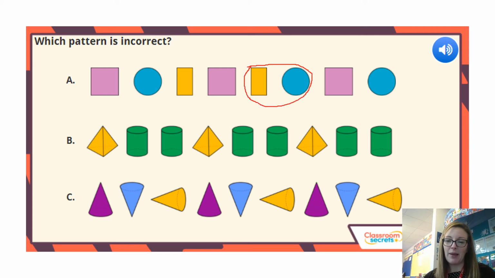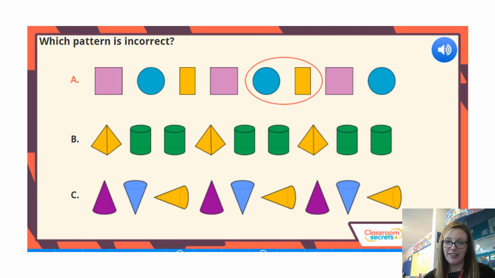So shall we see what that pattern should look like? There we go. If we swap them over, now we have a repeating pattern. We have a square, a circle, a rectangle, a square, a circle, a rectangle, and then a square and a circle. So well done if you spotted that. That was quite a tricky one. Well done.